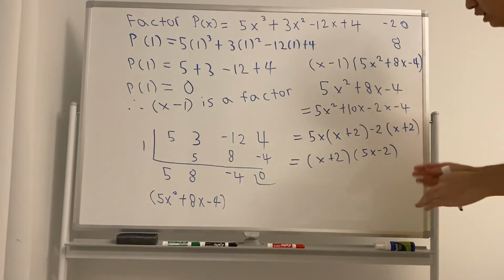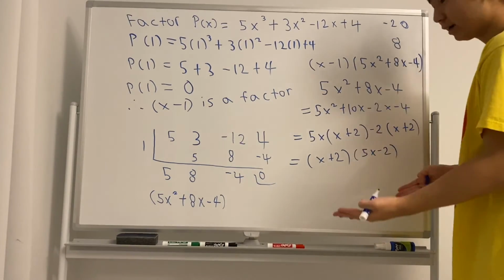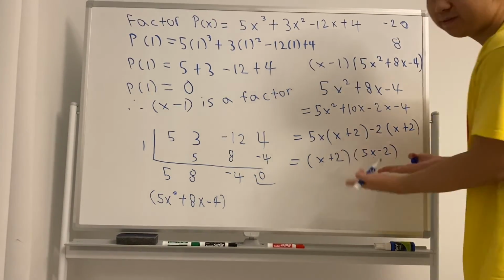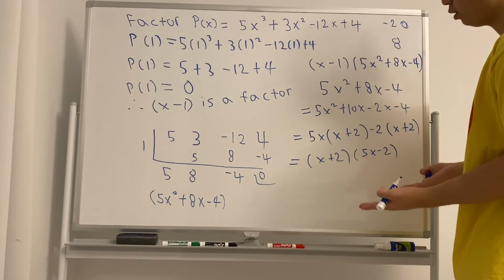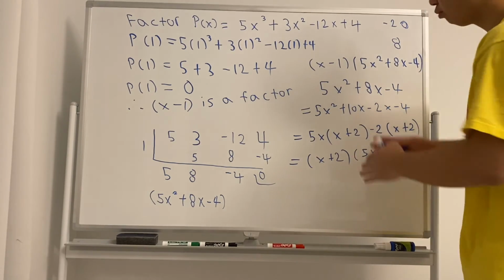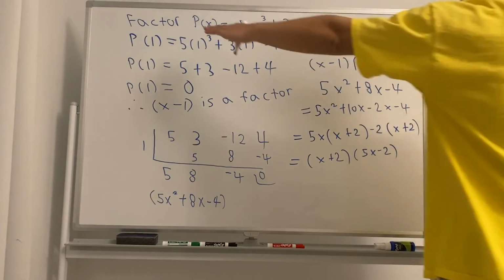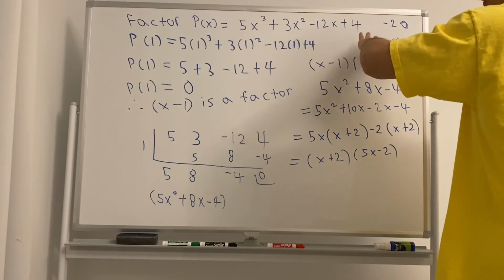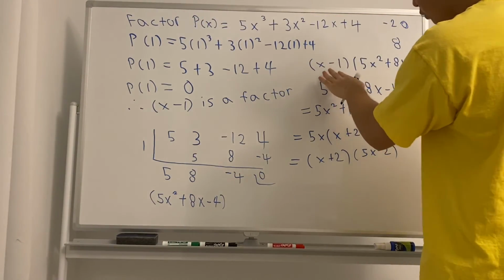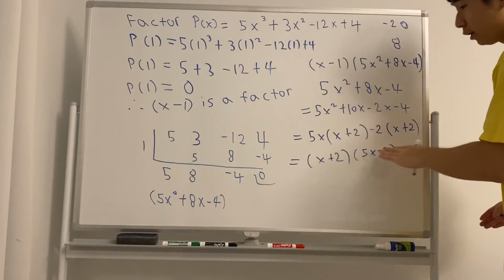So now we figured out all the factors. These two cannot be factored any further. So now, I know it's a lot, but we have to bring everything together now. So we factored this whole thing. We know that x minus 1 is a factor, and now we finished factoring the entire thing.